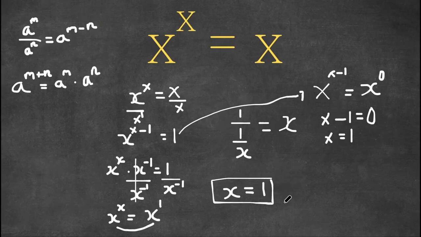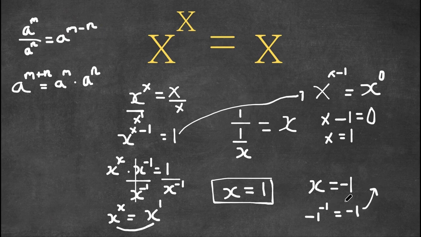However, there is actually another solution to this problem. x equals -1. This would also work as well, because if we plug this into our equation, for example, -1 to the power of -1 equals -1.